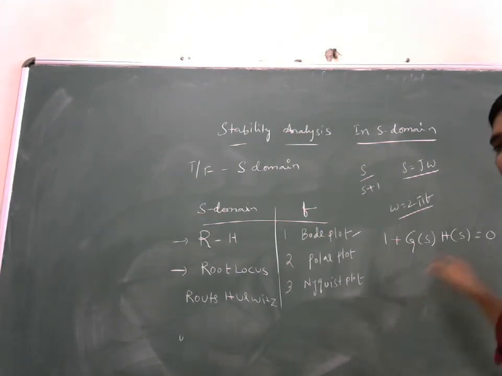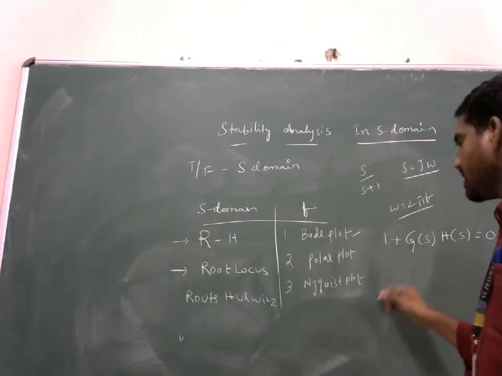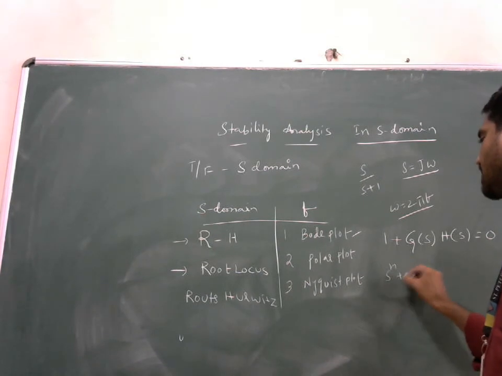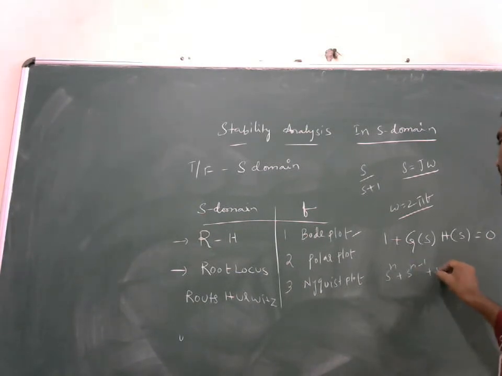Then this complete equation becomes a polynomial in s power n, s power n minus 1, s power n minus 2, and so on, plus a constant, equal to 0.